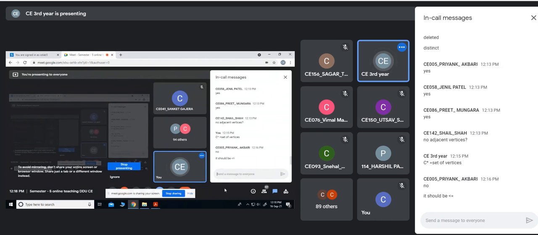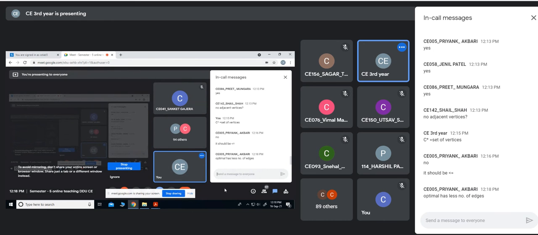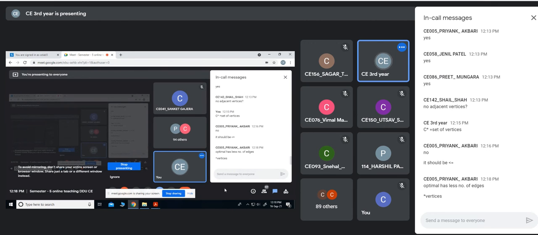Priyank, why? What is the reason behind that? See, the two sets are different. First, C star is a set of vertices and A is a set of edges.